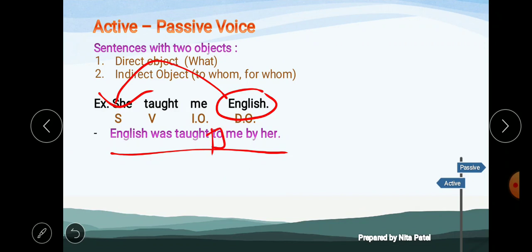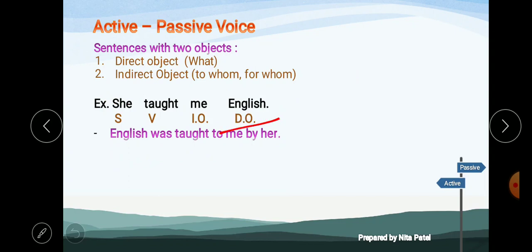If we are going to put direct object as our subject, then you have to write to before this indirect object. So that is the condition. So English was taught to me by her.